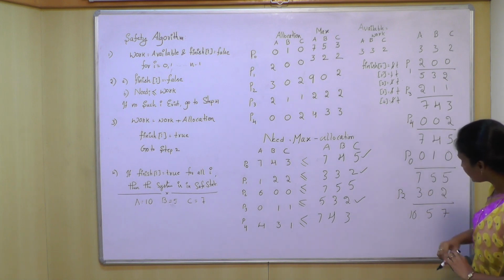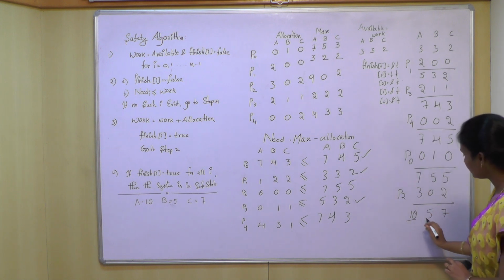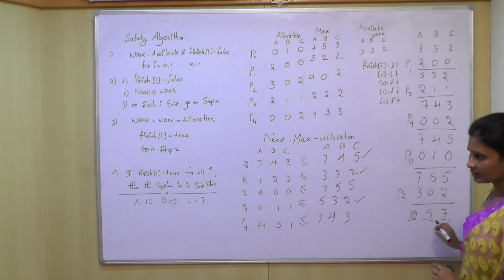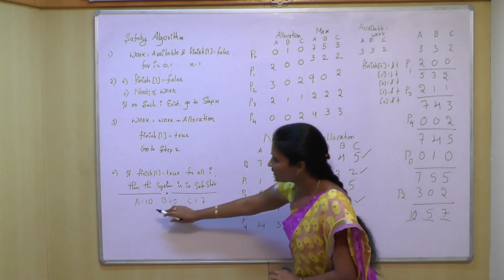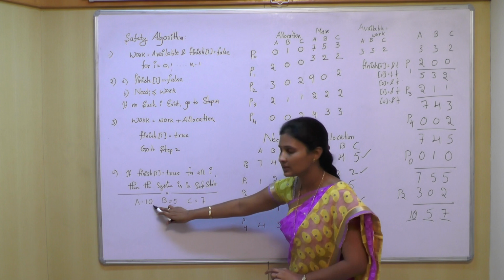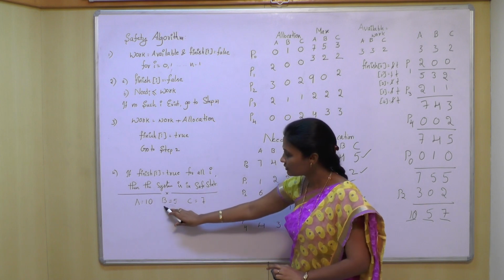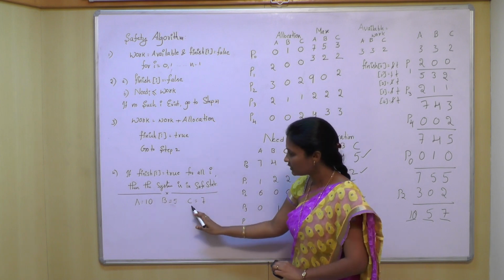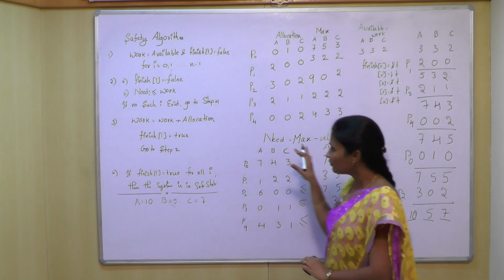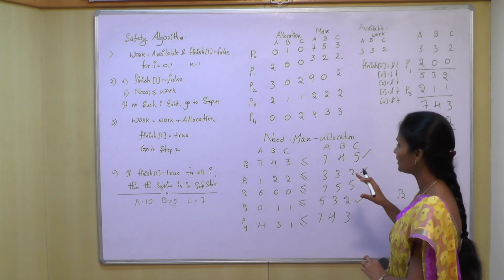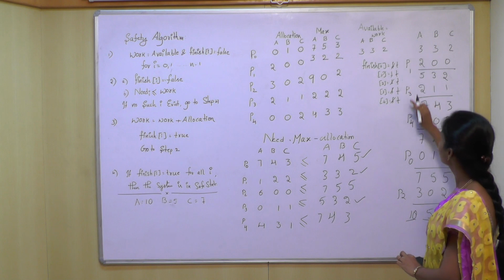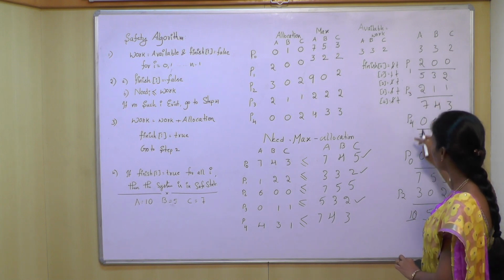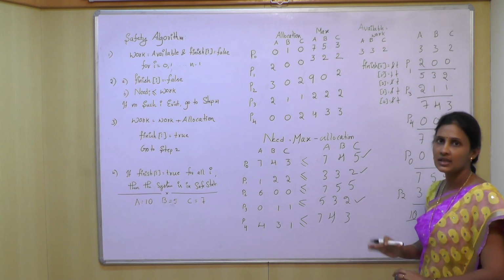The final available resources are 10, 5, 7, which matches what we first considered: resource A has 10 instances, B has 5 instances, and C has 7 instances. With this example, what we observed is that P1, P3, P4, P0, P2 is the safe sequence.